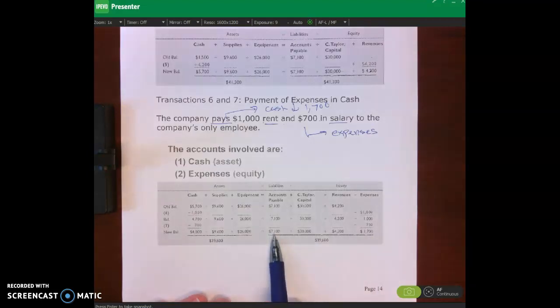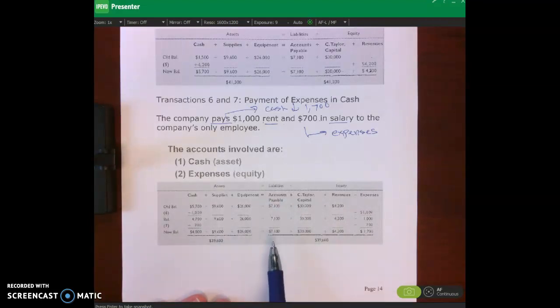My liabilities are unchanged at $7,100, and I still have the equipment at $26,000. So when I add my cash of $4,000, my supplies of $9,600, my equipment of $26,000, I get $39,600 total assets.